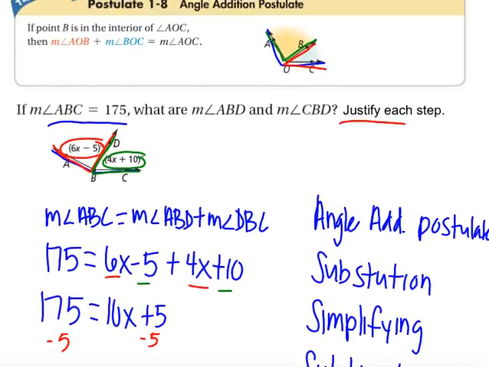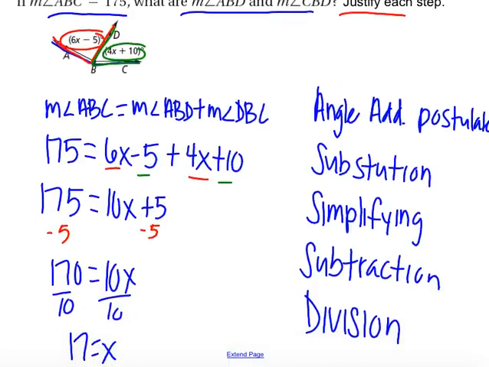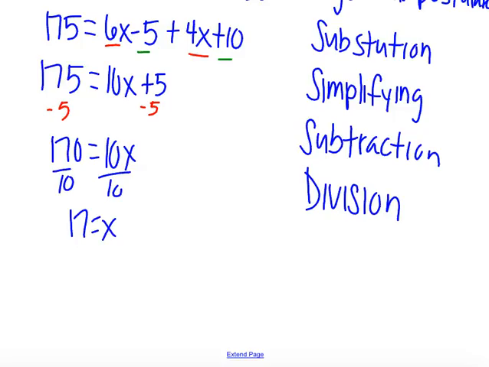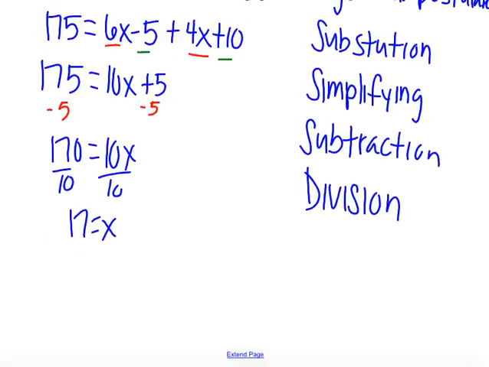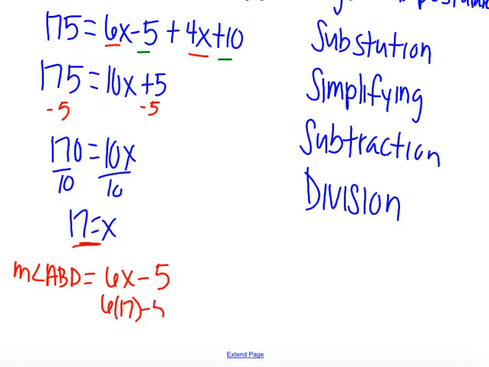All right, so we didn't even ask the question yet, though. What are the measure of angle ABD and CBD? So we have to plug in. Let's see if I can put that on here. I can't, so I'll have to tell you guys what it is. The measure of angle ABD is equal to 6x minus 5. I'll plug in our x, so 6 times 17 minus 5.